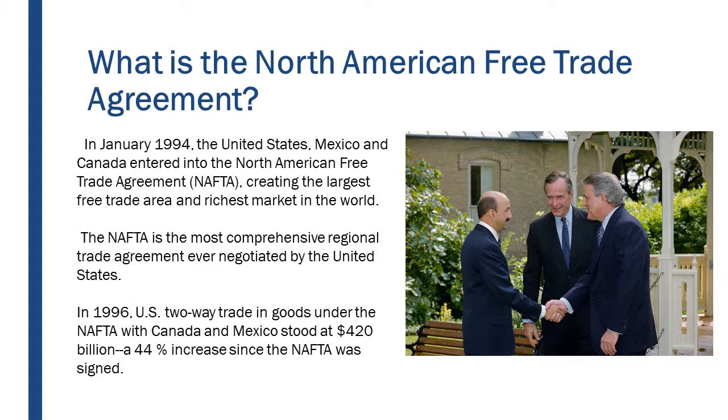From left, you can see the Mexican President Carlos Salinas de Gortari, U.S. President George H.W. Bush, and Canadian Prime Minister Brian Mulroney meeting to discuss the initial North American Free Trade Agreement in San Antonio, Texas, October 7, 1992.